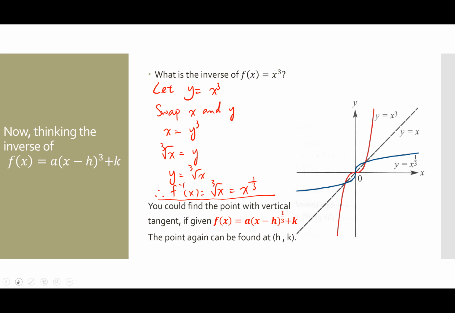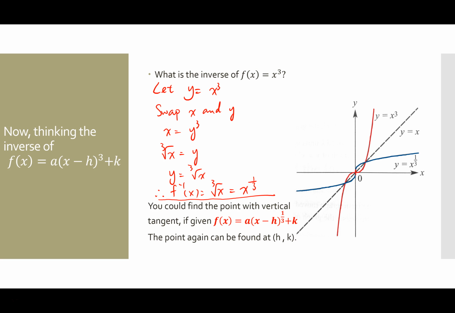And you will be able to see that for the blue one, which is x to the power of 1/3, at (0, 0) it has a vertical tangent, since the horizontal tangent at the point of the cubic function is also reflected according to the line y is equal to x. So now it turns into a vertical tangent.